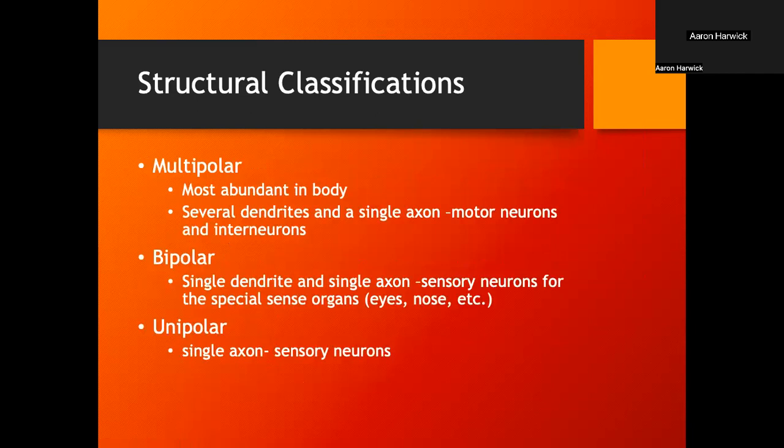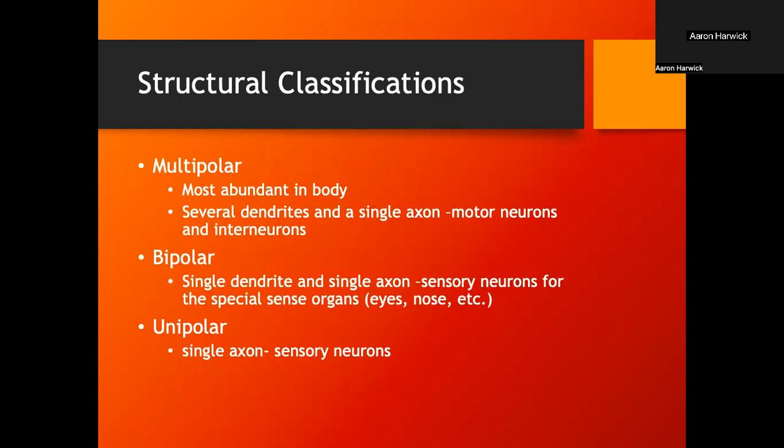So these multipolar cells are going to be the most abundant type of neuron within the body. They have several dendrites and a single axon. The type that you'll see utilizing this multipolar configuration are generally motor neurons and interneurons.